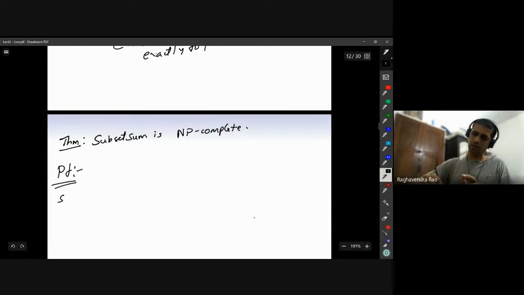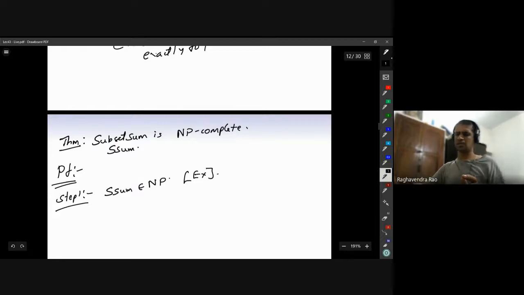Step one: subset sum, let's call this S sum, is in NP. I'll leave it as an exercise. So what is the witness? The witness is a subset. What is the verification procedure? Add the values in the subset and see if it is equal to t. Okay, so that is it.